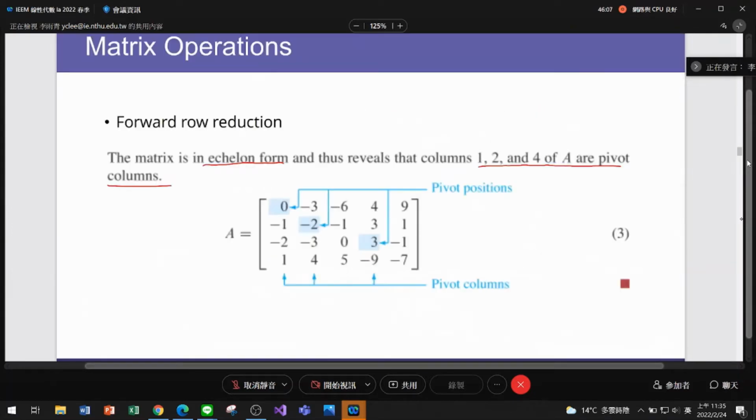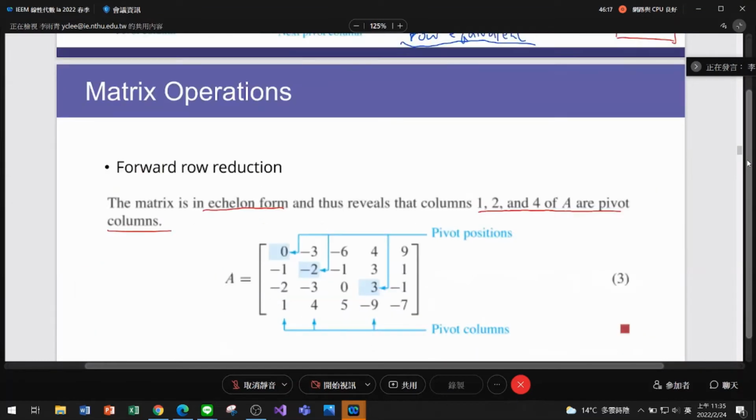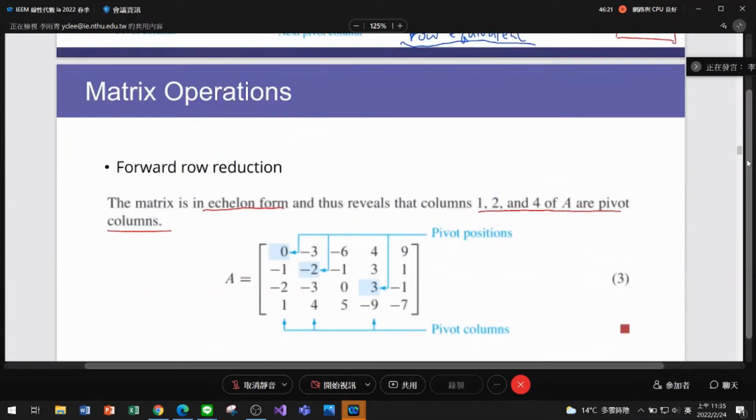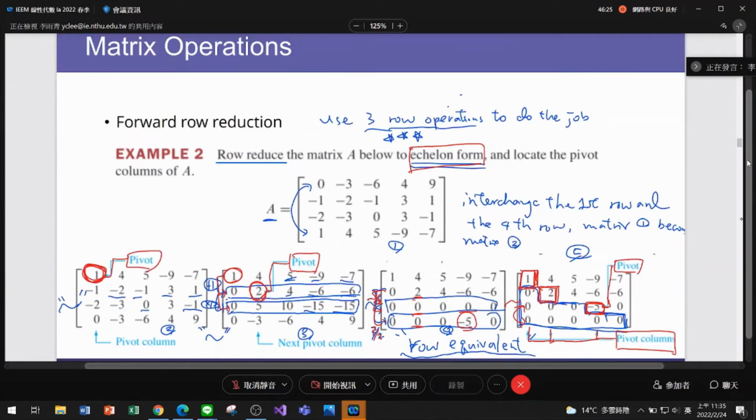So here's the result or the conclusion. Eventually we reach an echelon form, and the echelon form is this one.